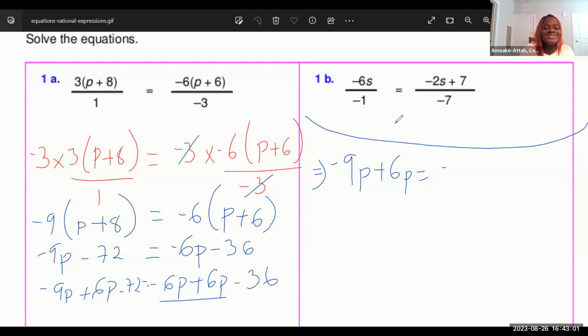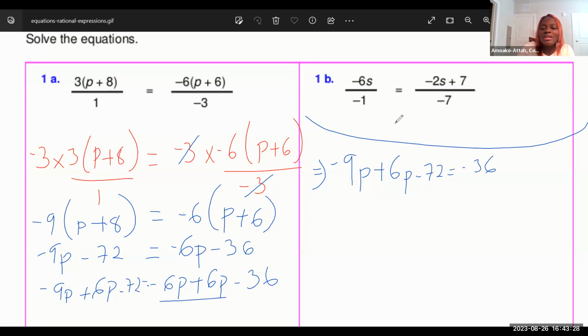Good. So minus 72 equals negative 36. Again, we have not finished with the grouping of like terms because I still see the p's and the constants mixed up. So we can still go further to group the like terms well.